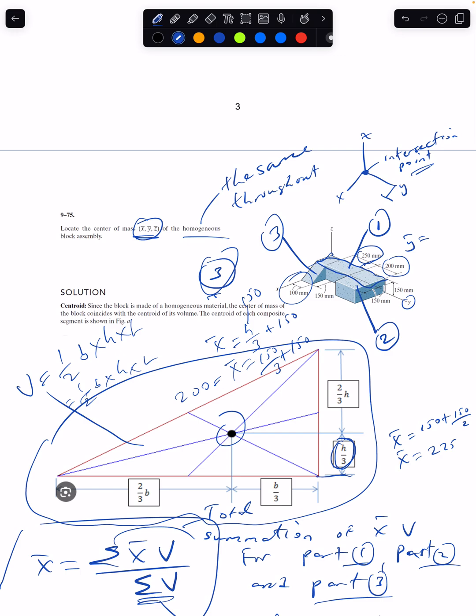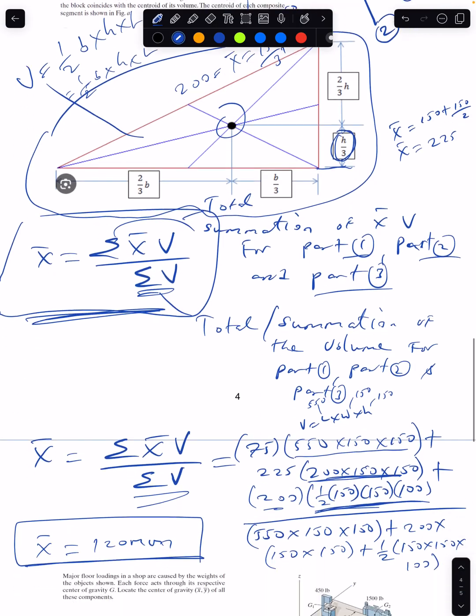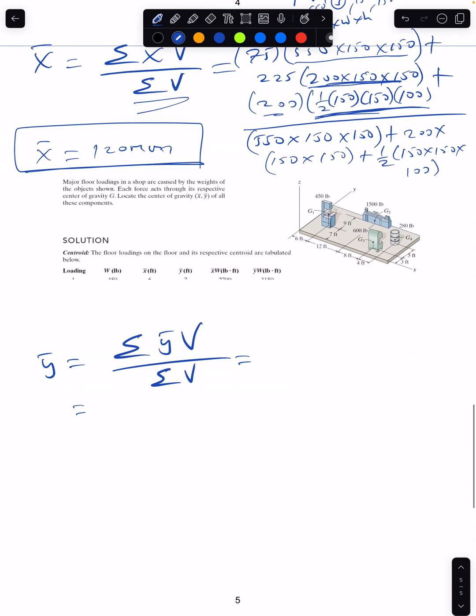I'm going to have 550 divided by 2. It's a rectangle, so the Y bar is just the total length divided by 2. And this will give me a value of 275. So I'll have 275 for Y bar for part 1.